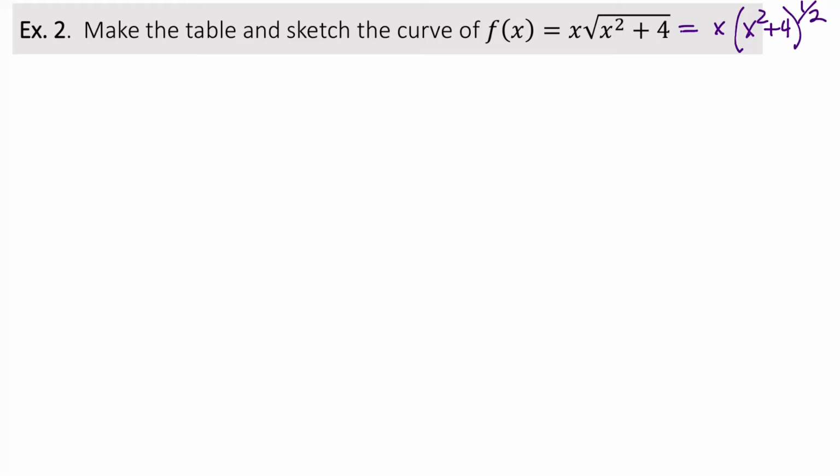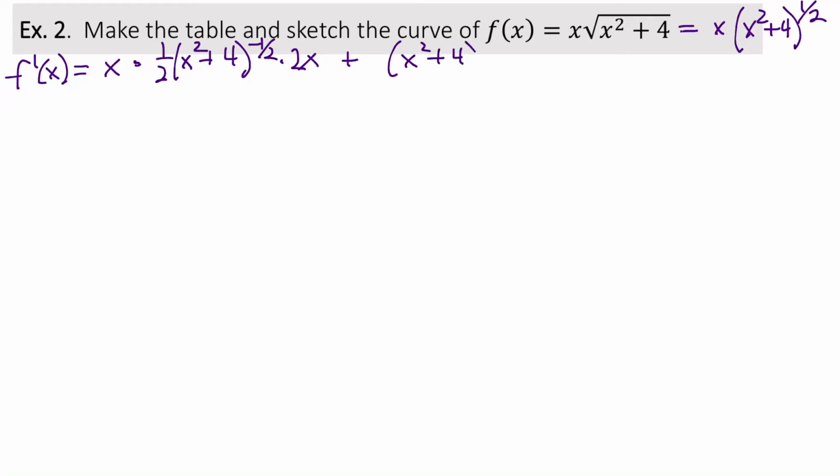Now I'm going to find f prime of x, the first derivative. I've got the first times the derivative of the second, chain rule, plus the second times the derivative of the first, which is 1.